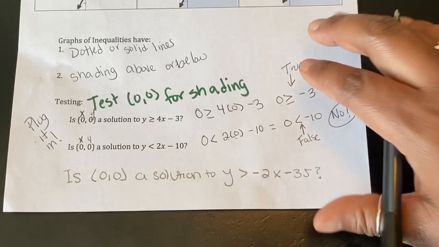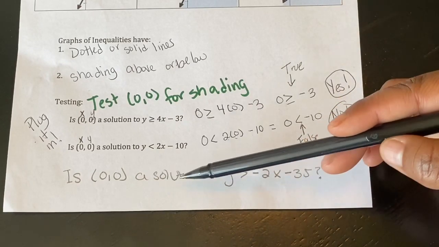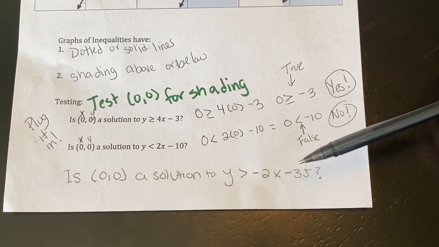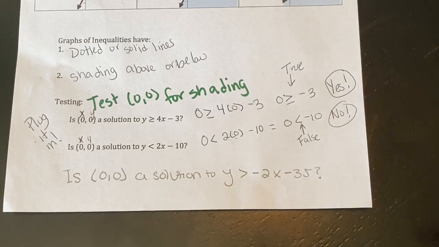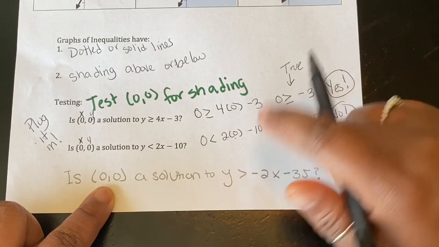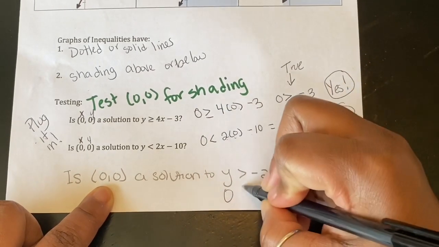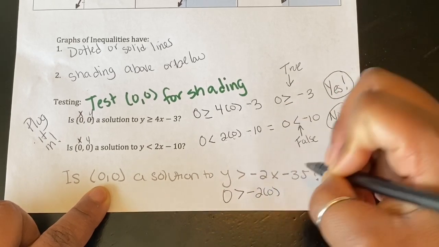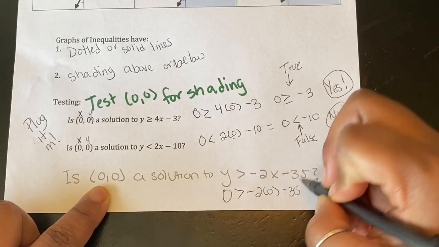Last but not least, is (0, 0) a solution to y is greater than negative 2x minus 35? All we're going to do is plug in 0 for x and 0 for y. So it becomes 0 is greater than negative 2 times 0 minus 35.